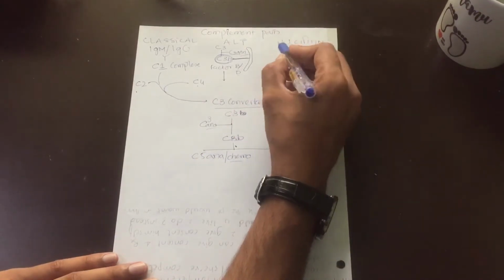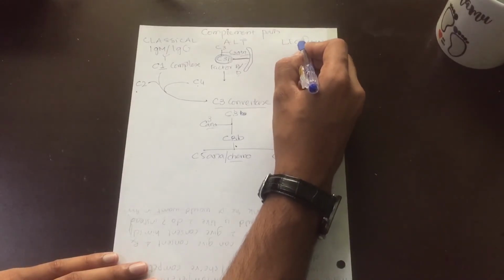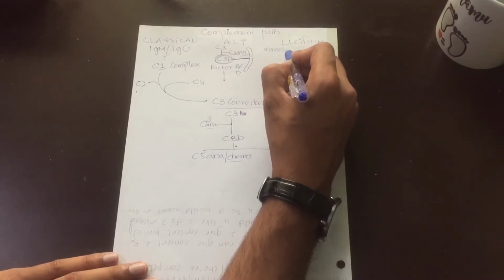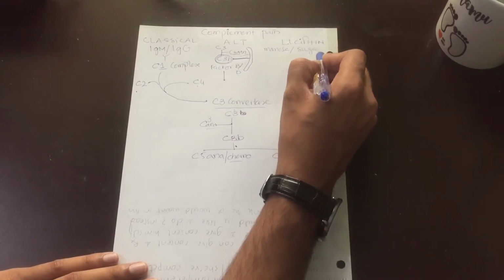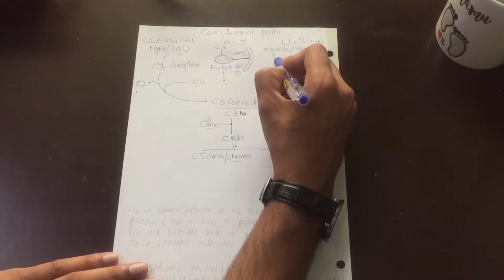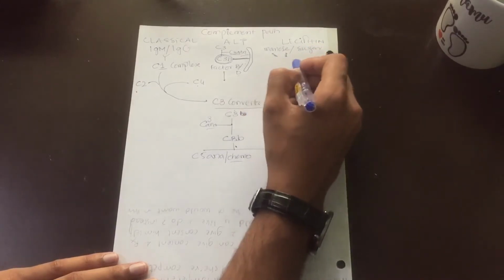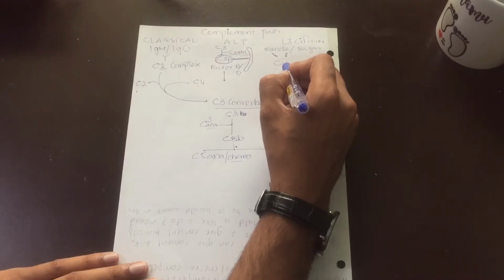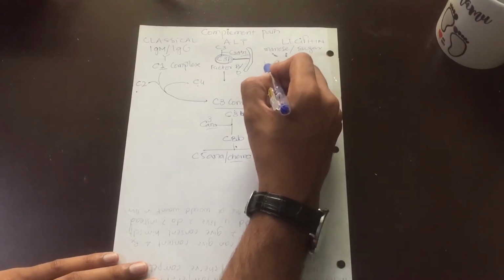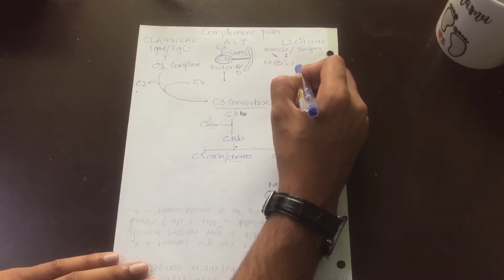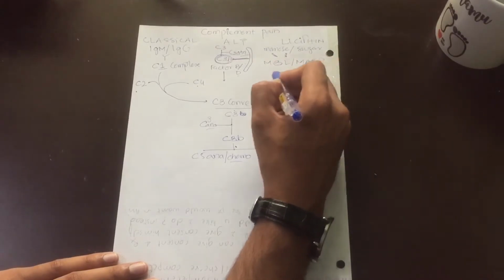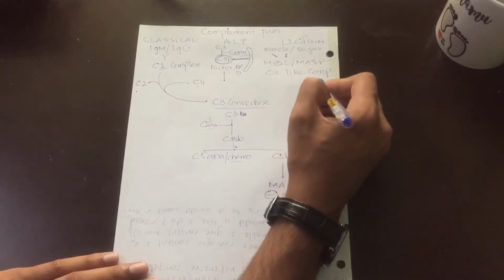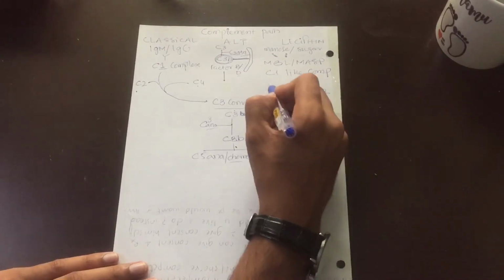And in the lectin pathway we have mannose or other sugars. These mannose molecules attach to mannose binding lectin or C1-like complexes along with C2 and C4.